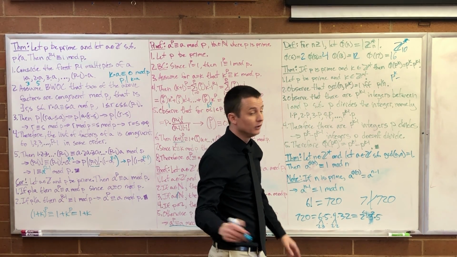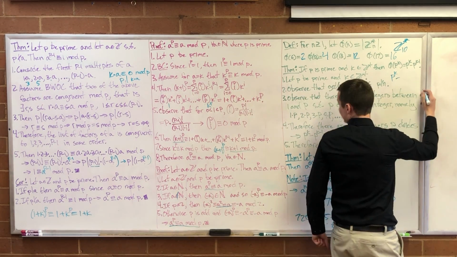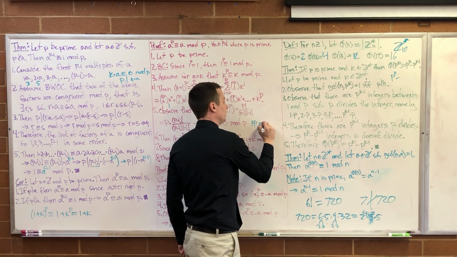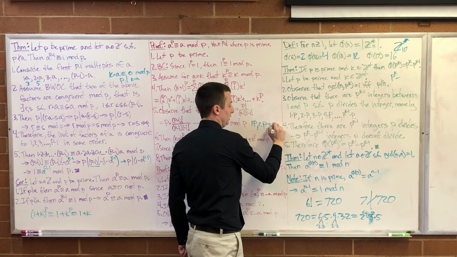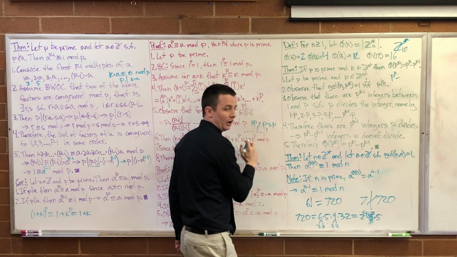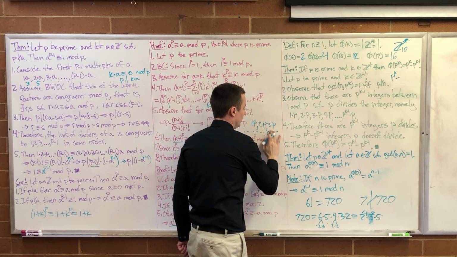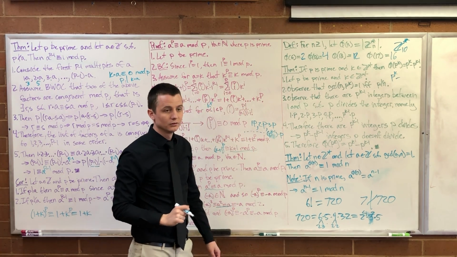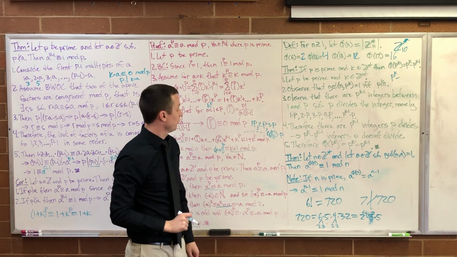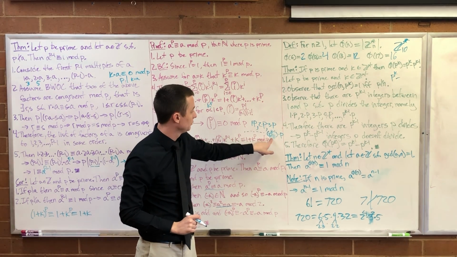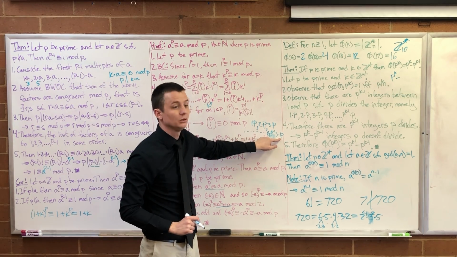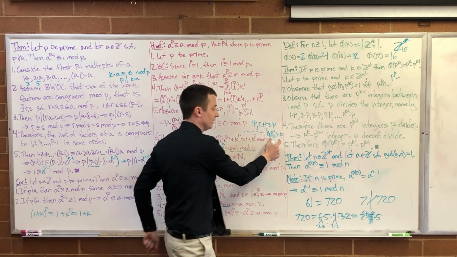So it either has to be 1 times p, or 2 times p, or 3 times p, or it has to be ... p to the k minus 1 times p. These are all the multiples of p between 1 and p to the k. Notice that this is p to the k.